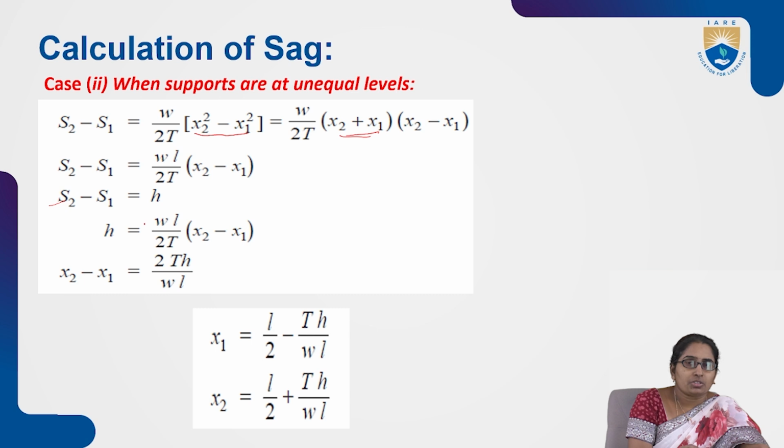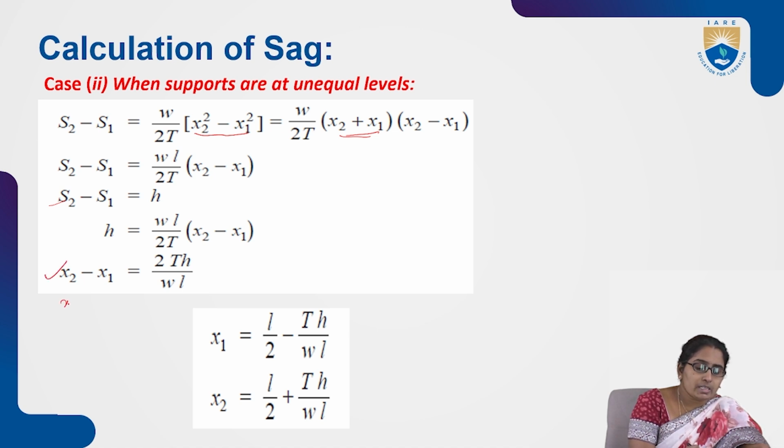So S2 minus S1 is equal to h. It is substituted here, so h is equal to WL by 2T into x2 minus x1. Finally, x2 minus x1 is written as 2Th by WL. So this is the expression for x2 minus x1.